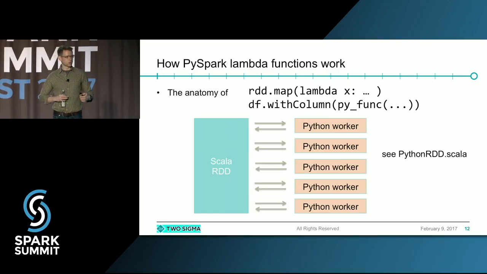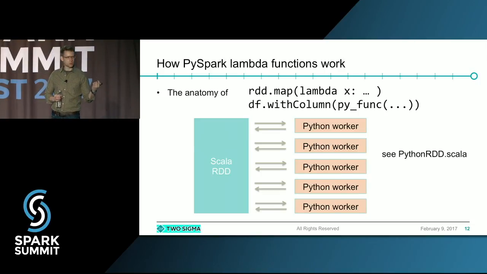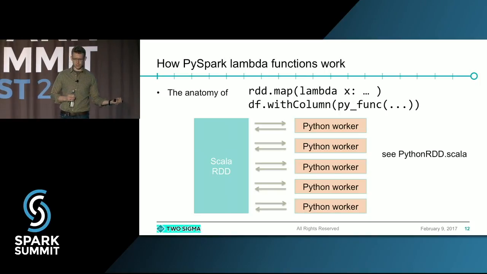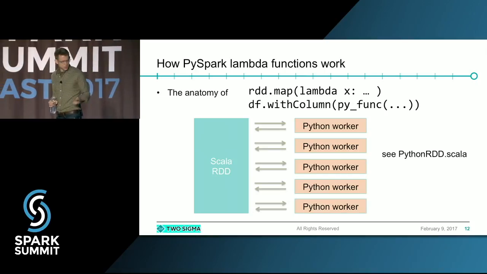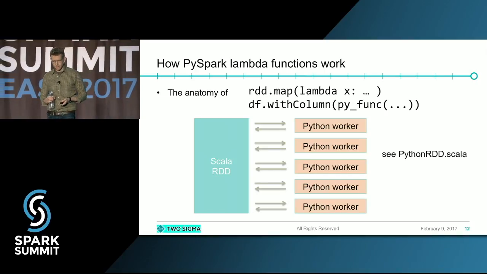So when you write the code in Python, that function gets pickled and sent to the Spark driver, broadcast around the cluster. And when the worker process receives that stream of data, it says, OK, I've got a function to evaluate on this data set. Let me unpickle that, and now let me unserialize the data set and run that Python function on it. And you can look in PythonRDD.scala and see a lot of the machinery of that code.